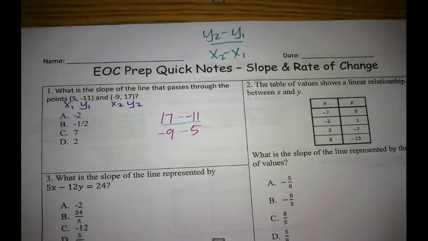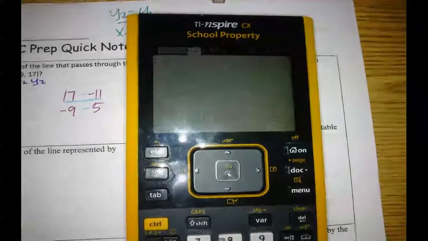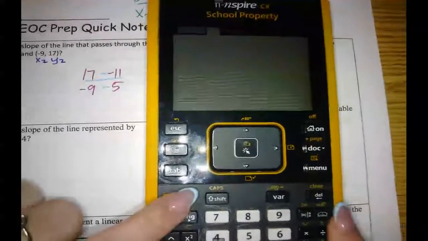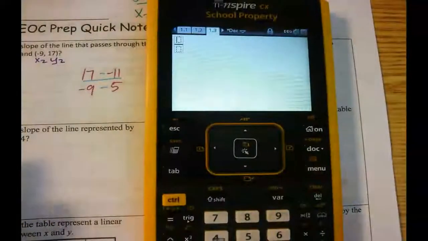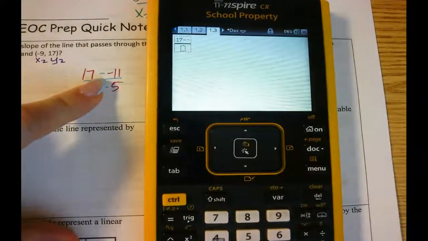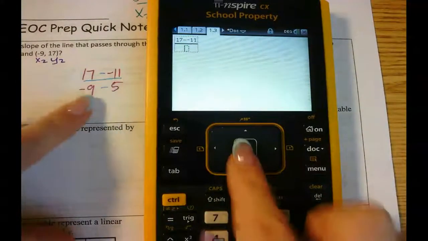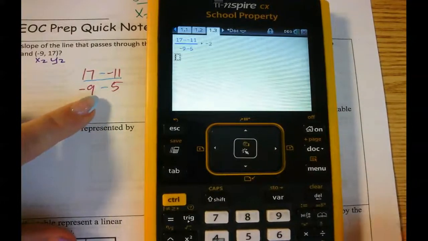Then I'm going to plug it in just like that to my calculator. I like to use the control division sign to give me that fraction. 17 minus negative 11 over negative 9 minus 5. Enter.